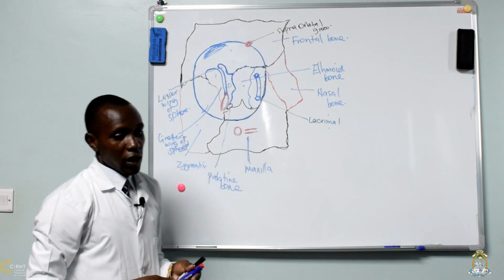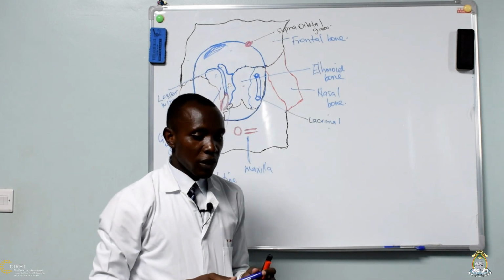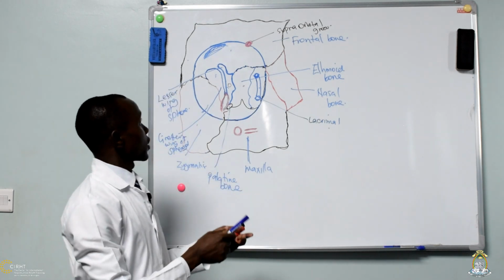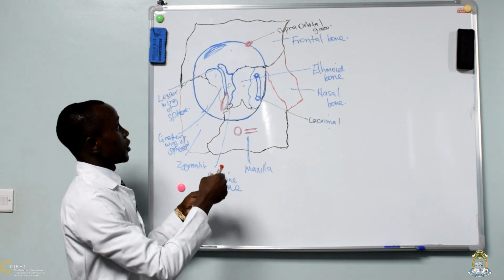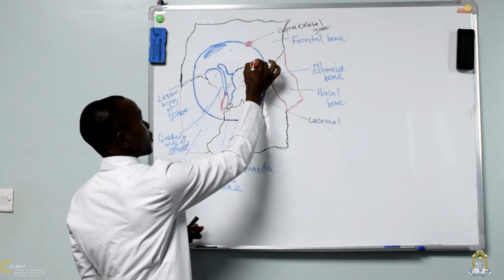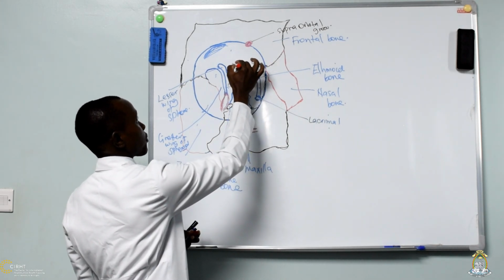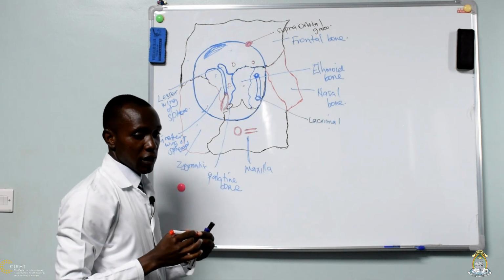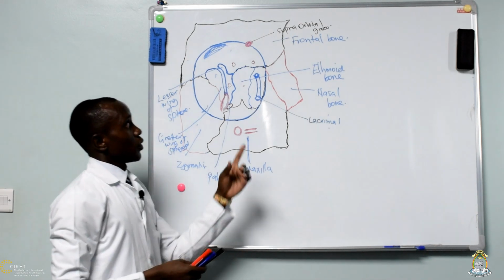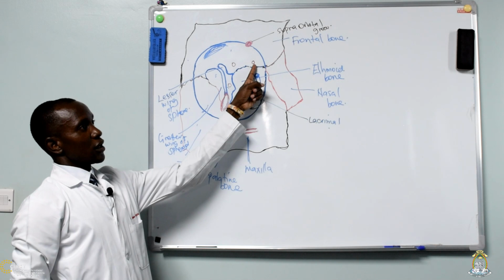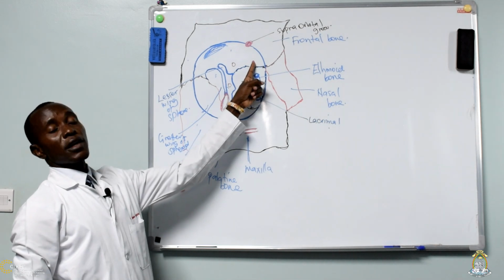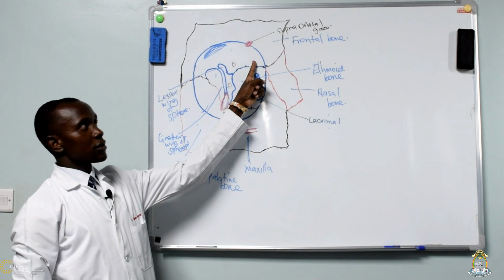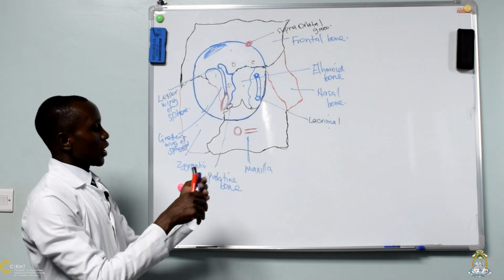Okay? So another important structure on the medial wall, we have the anterior ethmoidal foramen and the posterior ethmoidal foramen. The anterior ethmoidal foramen is where the anterior ethmoidal nerve exits.